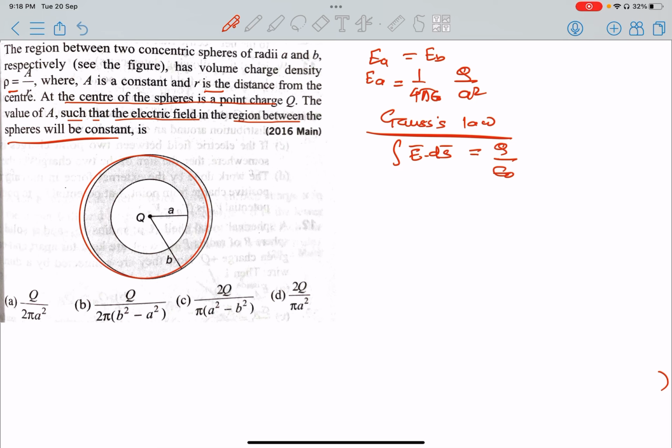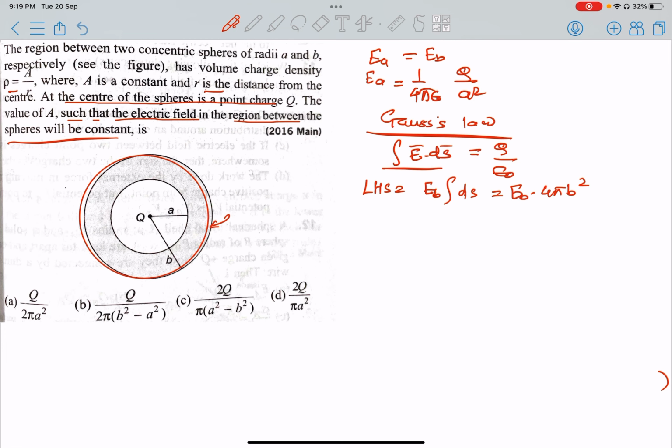For this Gaussian surface, the left hand side is EB, and EB is constant on this surface. So EB is taken out and I have to integrate over ds. The integral of ds is nothing but the total surface area of the sphere of radius B, which gives EB into 4 pi B square.